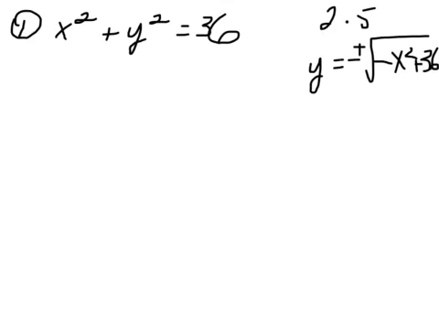Here's my function. If I want to differentiate it, the derivative of x squared would be 2x. Now I get to y squared, okay? So I'm just going to put my plus. The derivative of y squared with respect to x, I really don't know what the derivative of y is with respect to x, but I do know this is going to happen. I could drop down my 2 and say it's 2y.